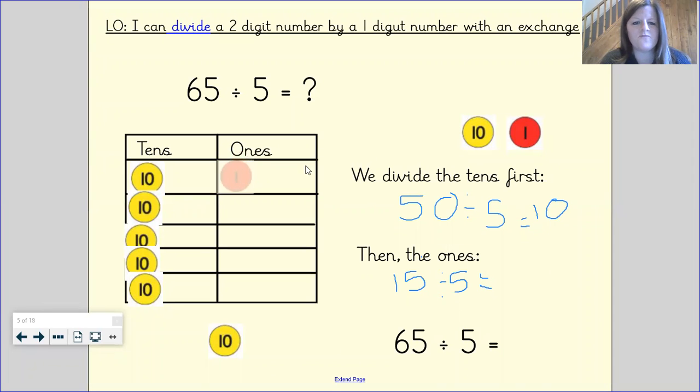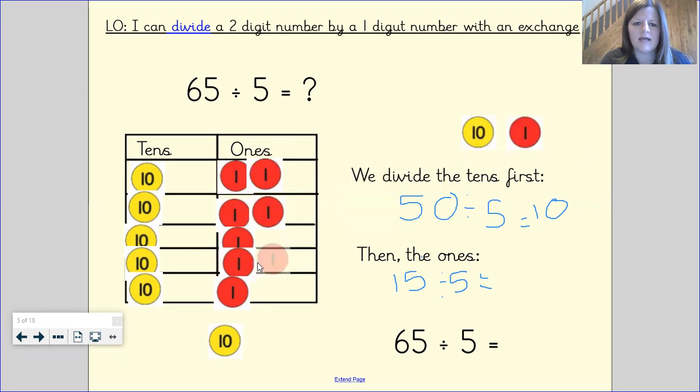So we've got 15 ones. This might take me a while. I'll try and do it speedily. Or what I'm going to do is move on 5, 6, 7, 8, 9, 10, 11, 12.